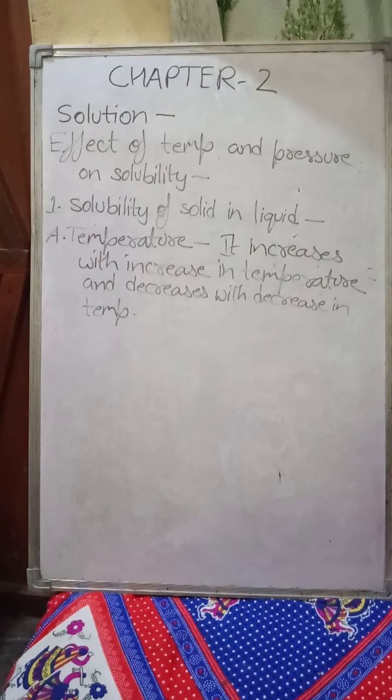You observe the crystals in the solution. That means whatever the solid which is not soluble in solution, it comes out of the solution in the form of crystal. So you can see that on increasing the temperature, solubility of solid increases, and on decreasing it decreases, as you have seen in case of crystallization.